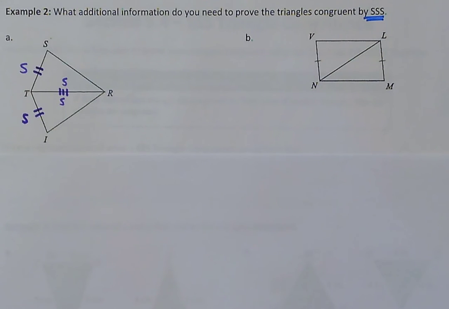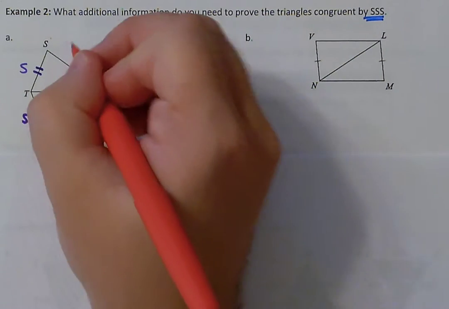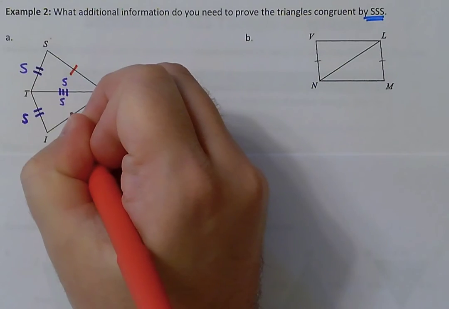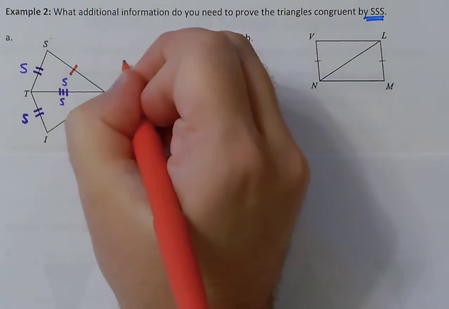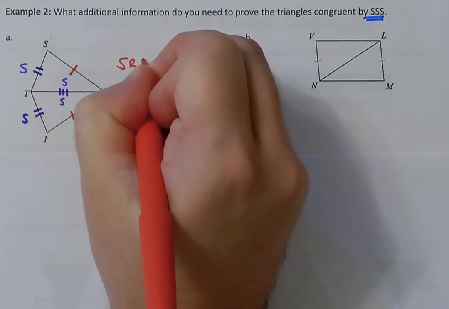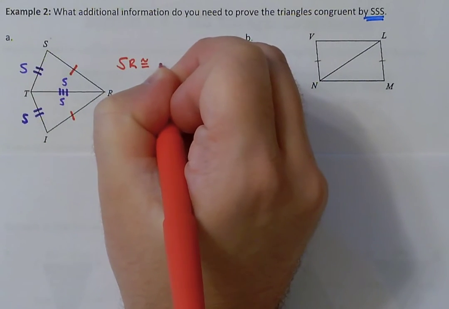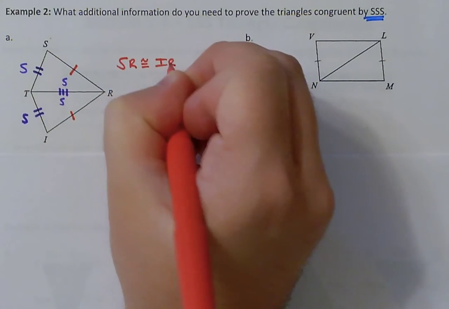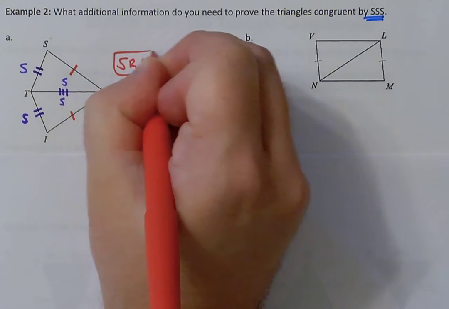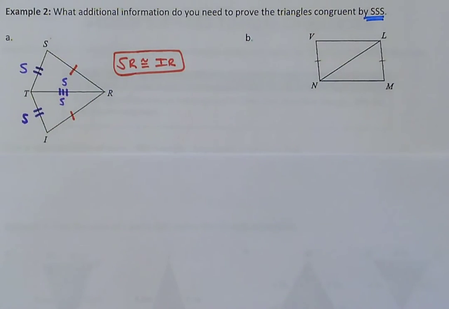So what is the additional bit of information I need to know? What's the third side length I need to know is congruent? Well, I need to know that SR is congruent to IR. So my answer for this is SR needs to be congruent to IR. And that is my answer for example 2. So I just need to know that third side is congruent to the other third side, and that's all you have to do for that.